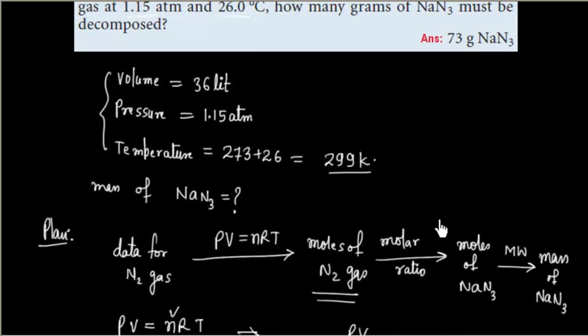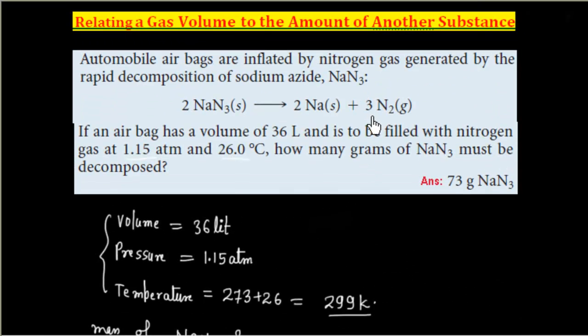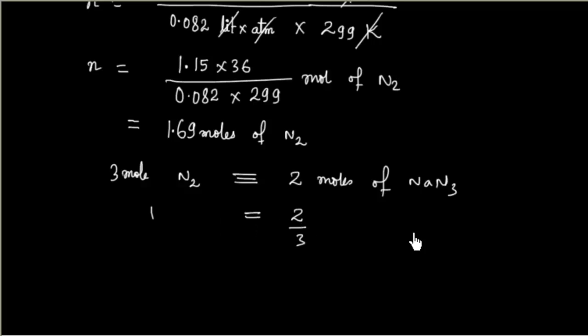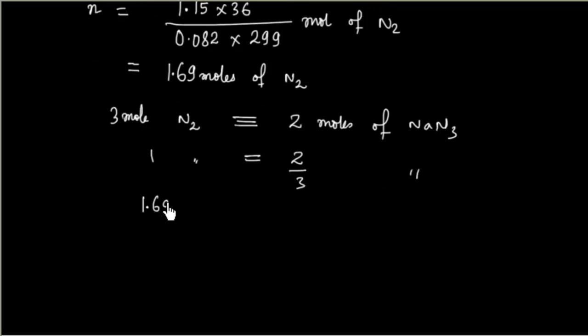Now let us use the equation. If I have 3 moles of nitrogen, we have 2 moles of sodium azide. So 3 moles nitrogen reacts with 2 moles of NaN3. So 1 mole will react with 2 by 3 mole of NaN3. I have 1.69 moles, so this will react with 2 by 3 into 1.69 moles.